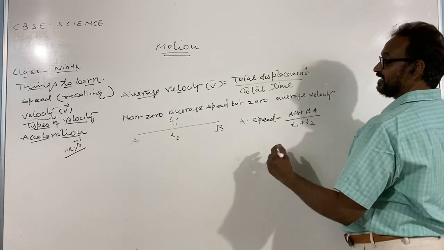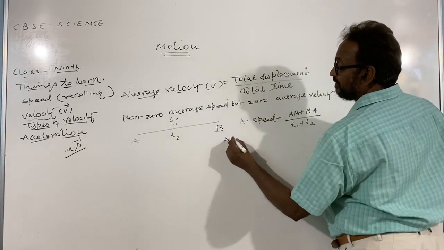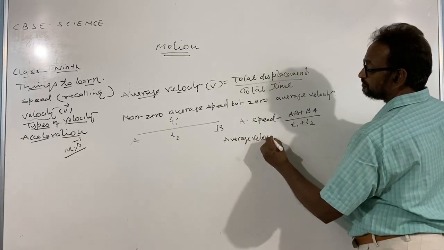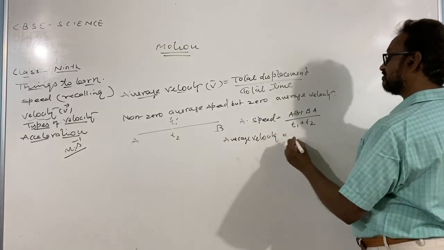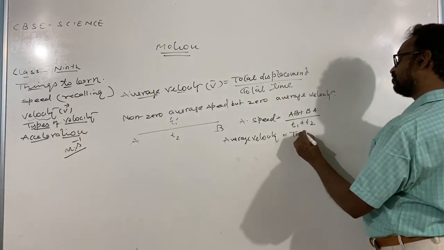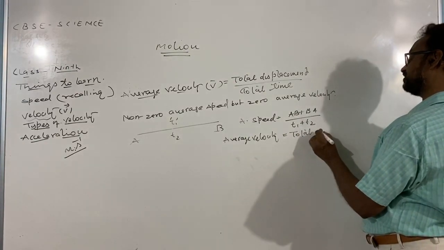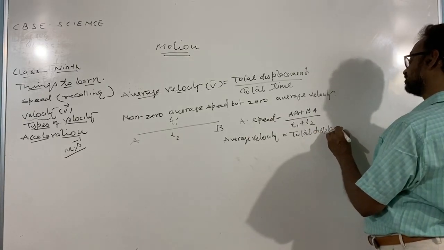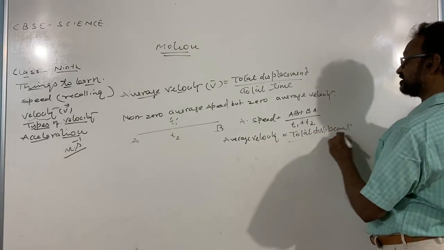But let us calculate its average velocity. Average velocity is equal to total displacement over total time.